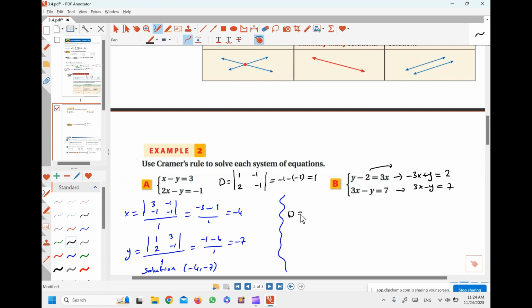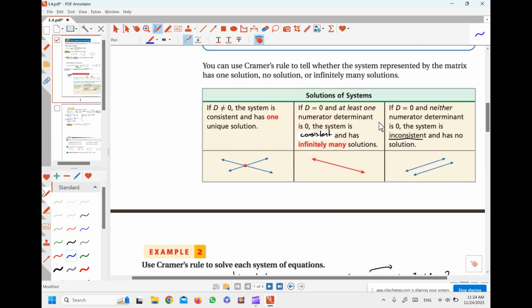Find the determinant of the coefficient matrix, coefficients of x's and y's, negative 3, 3 as one column, and 1, negative 1 as another column. Calculate the determinant, negative 3 by negative 1, 3, minus 3 by 1, 3, which is 0. So my denominator becomes 0 for both x and y. So remember, if my denominator is 0, there are two possibilities.